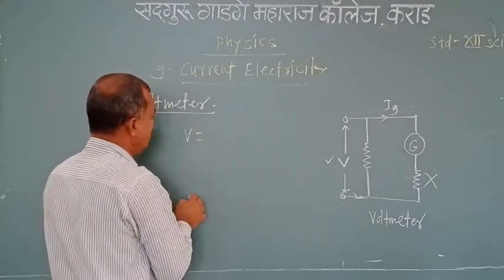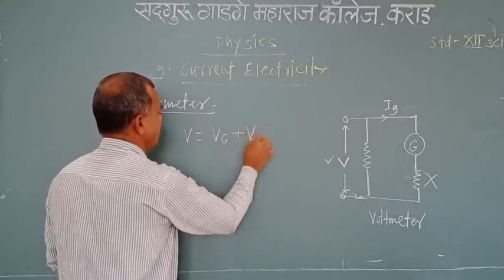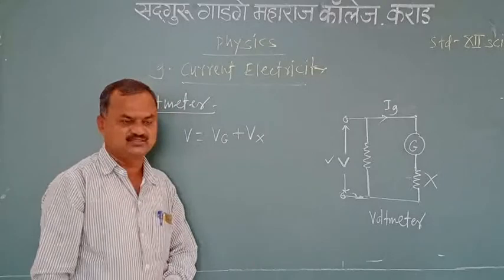V is equal to the total potential, equal to the potential across G, that is Vg, plus the potential across high resistance X, that is Vx.